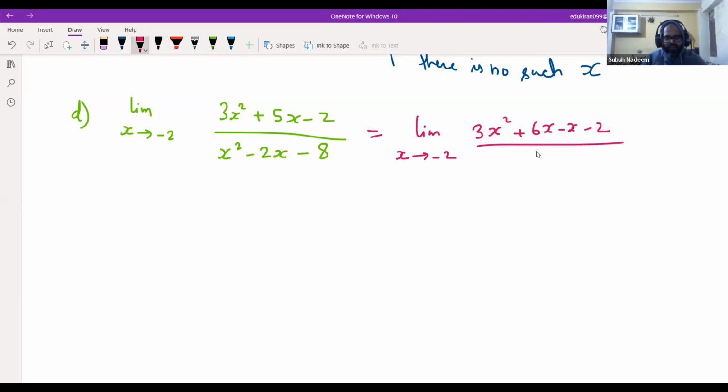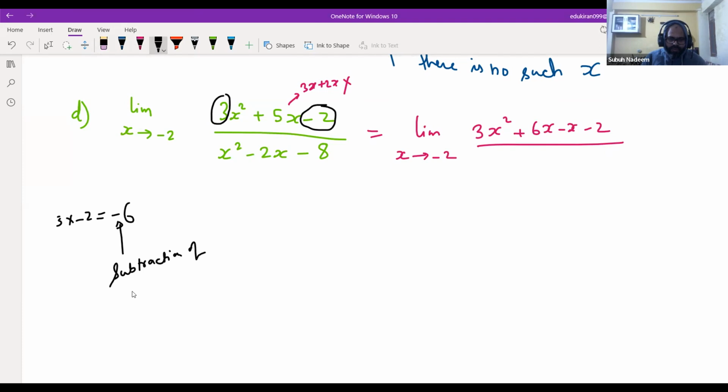Have you done this? No, sir, I did. I split the middle term. I did the product and sum rule and I got 3x² plus 3x plus 2x minus 2. Okay, so this 3x plus 2x splitting is wrong. Why is it wrong? Because in middle term splitting, when we multiply this a with this c, 3 into -2 is -6. This minus sign means the middle term should be obtained by subtraction.